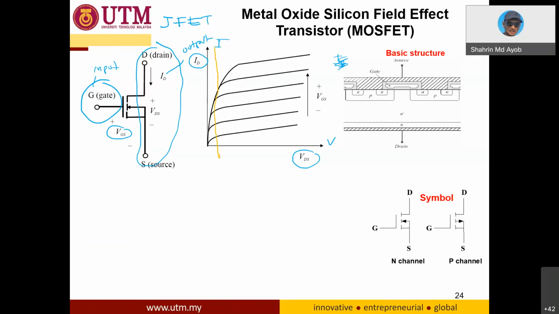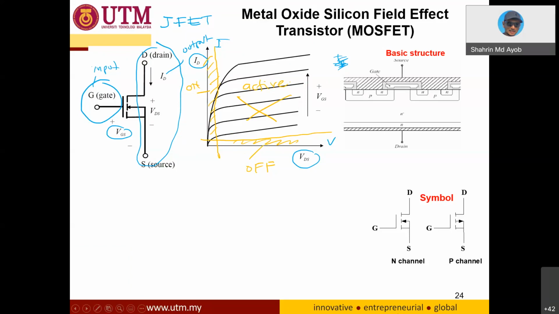This one is what we call saturation or on, and this region is the off. And this region is what we call the active region. But we will not use the active region. We only use the MOSFET either on or off.